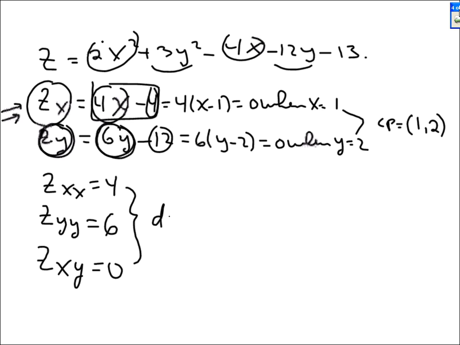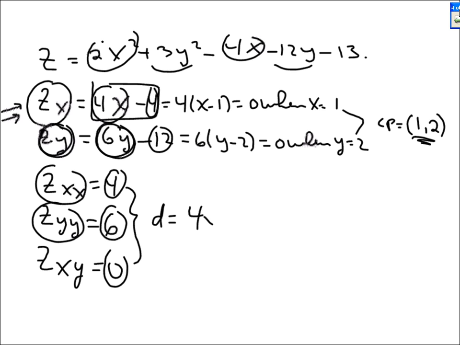So now d, and then I find this at the point 1, 2, but it's constant. Same here. So you have 4 times 6 minus 0 squared, which is 24, which is bigger than 0. Now I look for z_xx, which is 4.